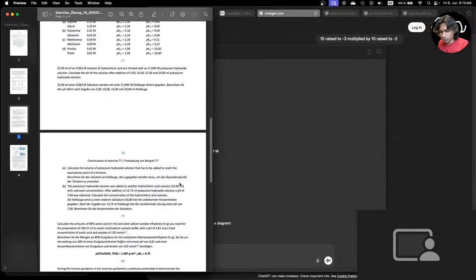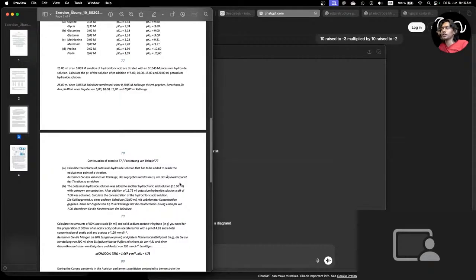From the previous question, we could see that the pH between 15 milliliters and 20 milliliters of potassium hydroxide changes drastically.